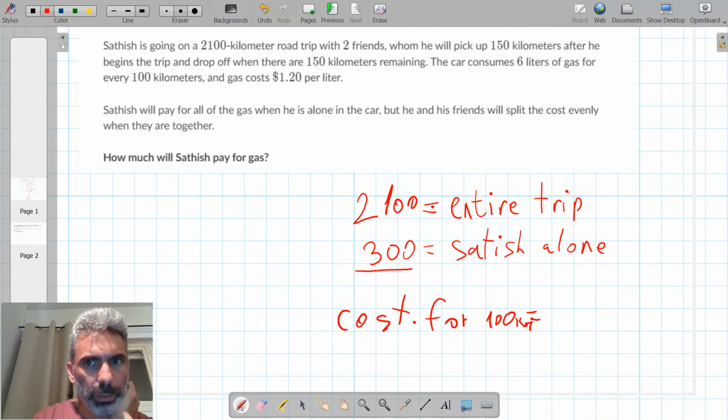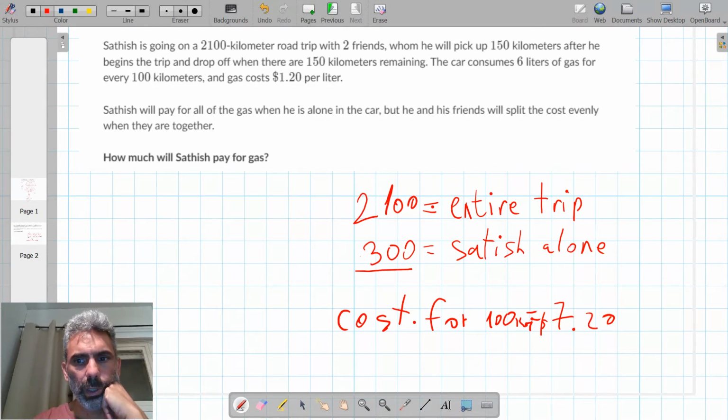Okay, so 6 times 1 is 6, 6 times 0.2 is $1.20. So 6 times $1.20 is $7.20. This is the cost for 100 kilometers.